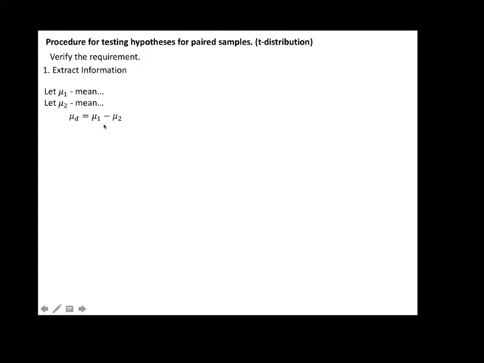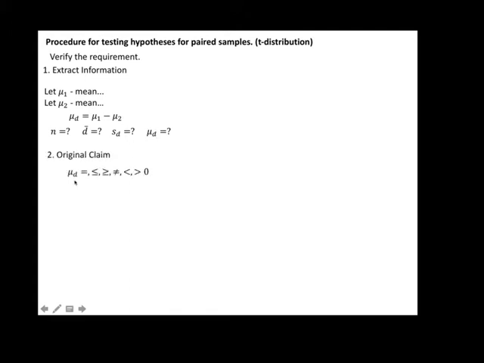It depends on your question: sometimes they use before minus after, sometimes after minus before. Find the n, the sample size, the sample mean of the difference, the sample standard deviation of the difference, and the population mean of the difference. I'm going to talk about this one after.